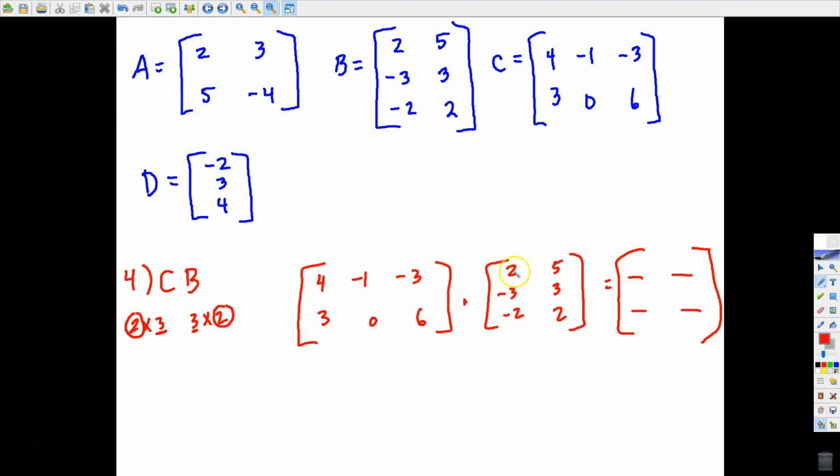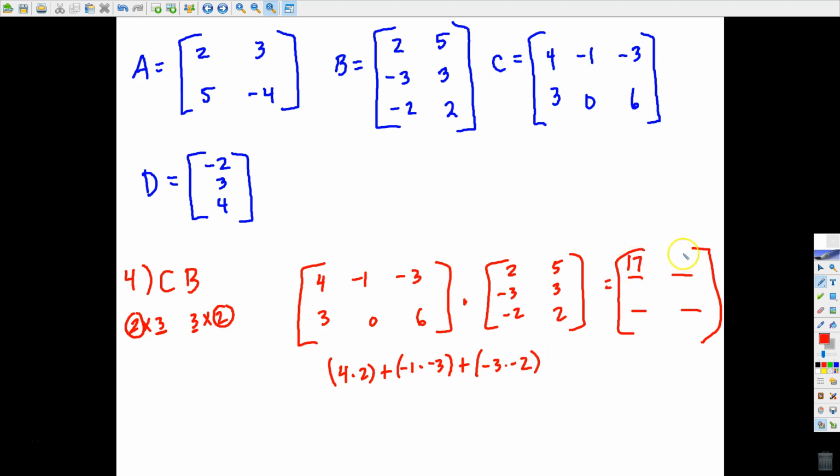So just match up the elements. 4 times 2, plus -1 times -3, plus -3 times -2. And we just add those products together. So this is 8 plus 3, which is 11, plus 6 is 17.